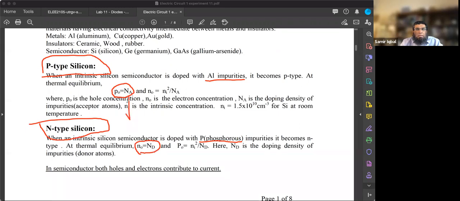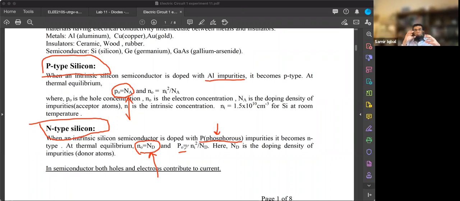Na is the concentration of the dopants, in this case acceptors. In this case, we call it donor, not the donor kebab, but the concentration of the electron-donating species, which is phosphorus in this case. From that, we can find the concentration of holes.